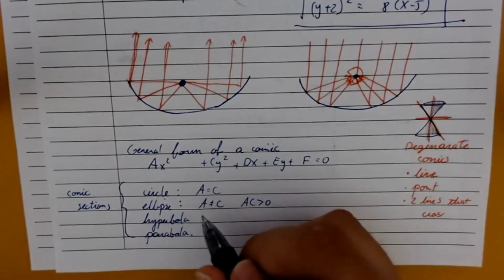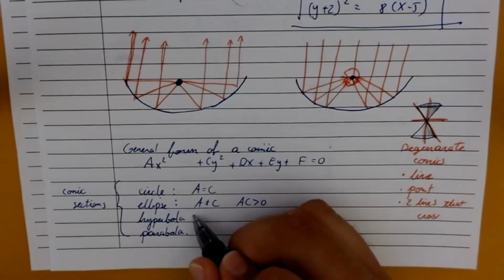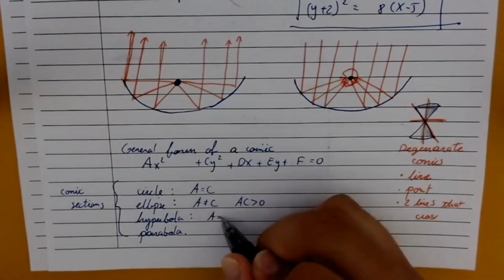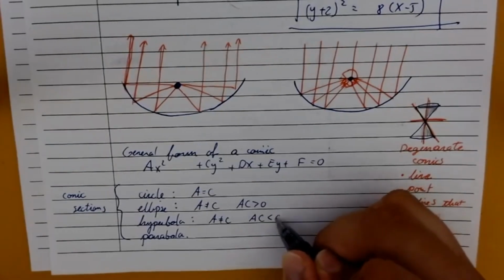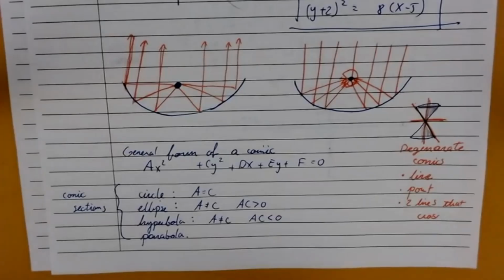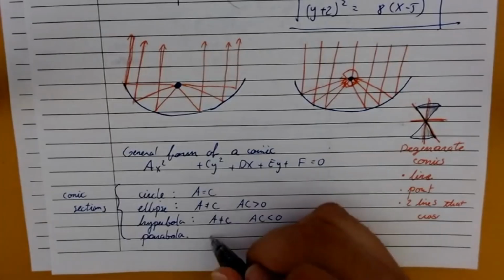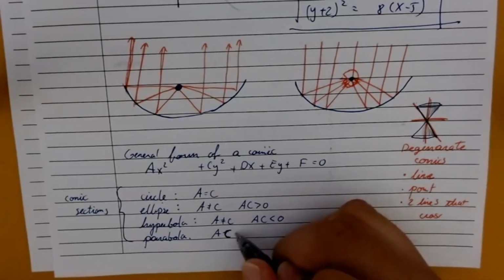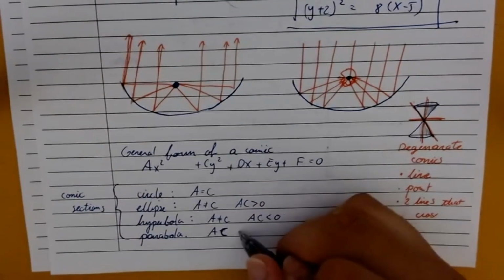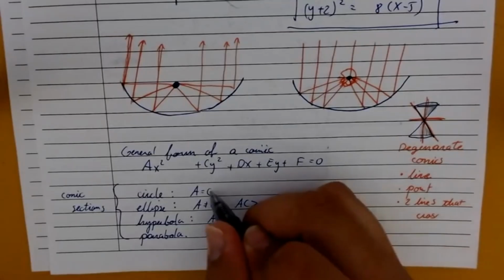However, if they are not equal to each other and their product is negative, then you have a hyperbola. Finally, if your A times your C is equal to 0, then you have a parabola.